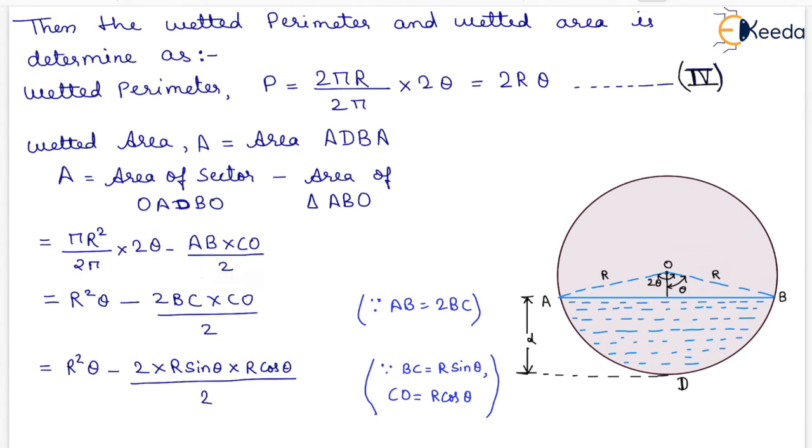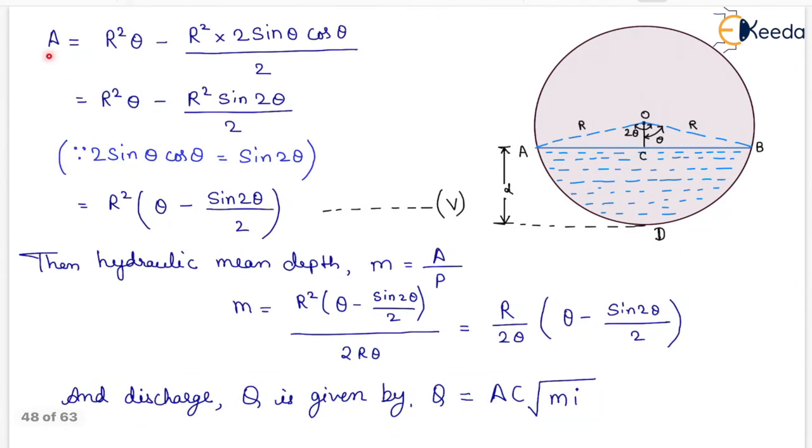On solving this, we have r²θ minus 2BC into CO upon 2, because AB equals 2BC. So r²θ minus 2 into r sinθ into r cosθ divided by 2, because BC equals r sinθ and CO equals r cosθ. Therefore, A equals r²θ minus r² sin2θ by 2.